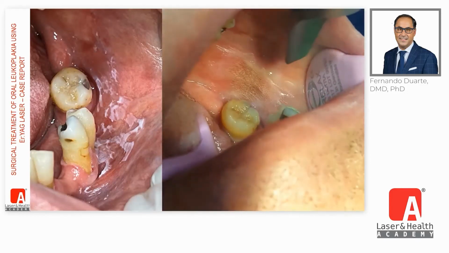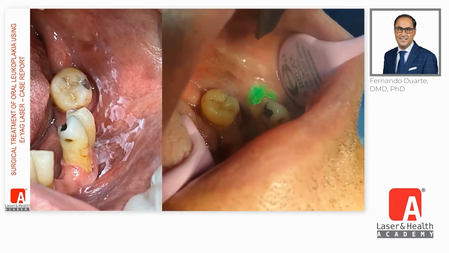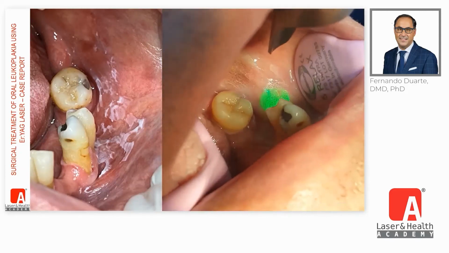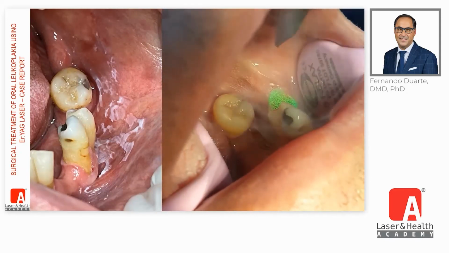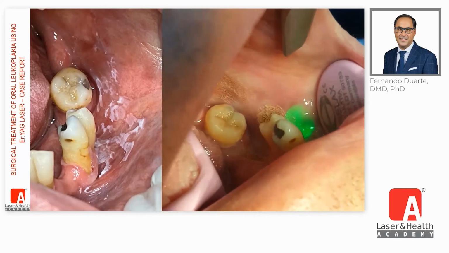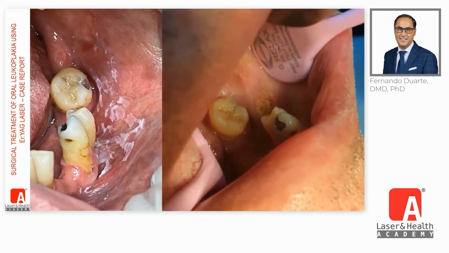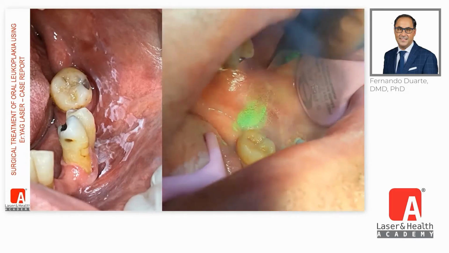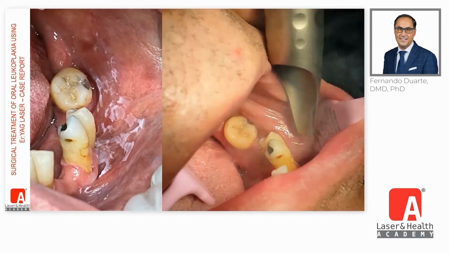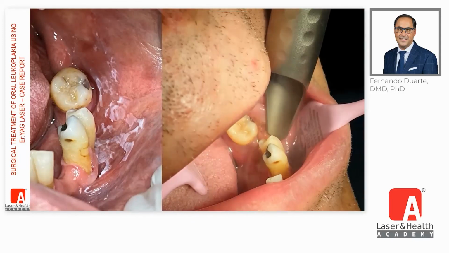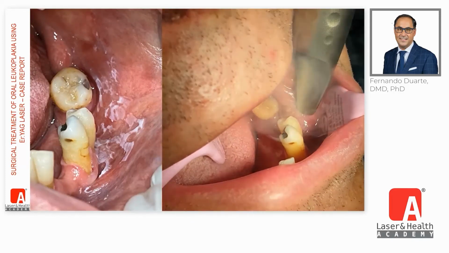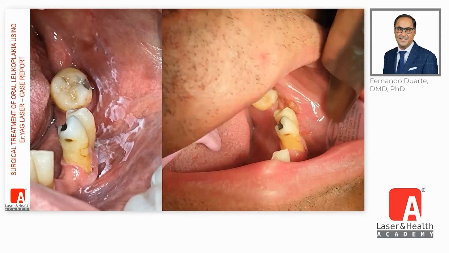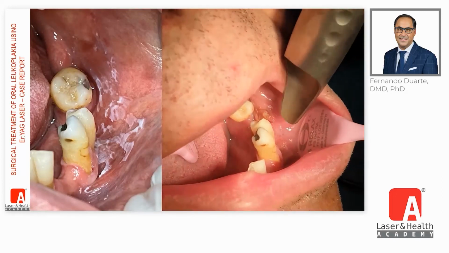It's very important to be very meticulous when you apply the laser on this kind of lesions. Reflecting well the jugal mucosa, and because we are working on the posterior area of the mandible, the visualization of the soft tissue and the lesion is very important.